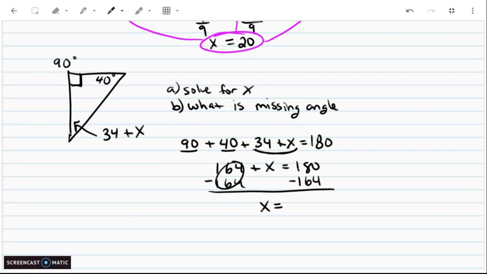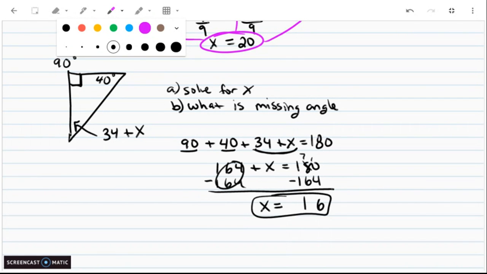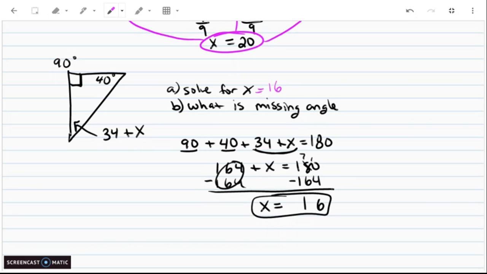That gives me 16. So x equals 16. But notice, I'm going to go back to using my purple because my answer, that's part A. So part A is x equals 16.